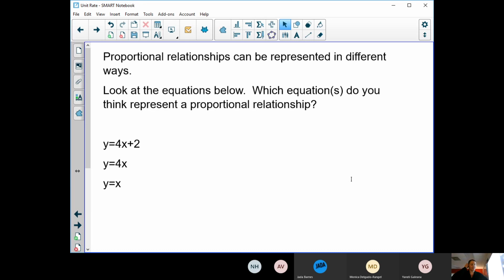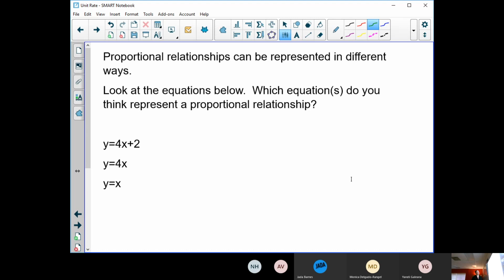Do we think any of them are proportional? Okay, Nathan thinks that y equals x is not.